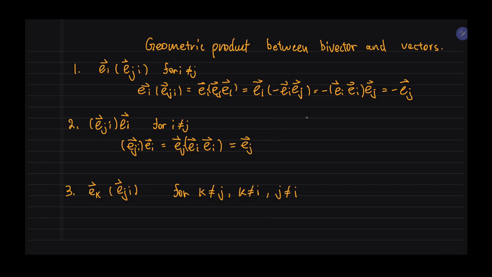If this is called e_j and this is called e_i, then it seems like e_i times e_j e_i means counterclockwise rotation, because when we have e_i times e_j e_i, it gives us minus e_j.